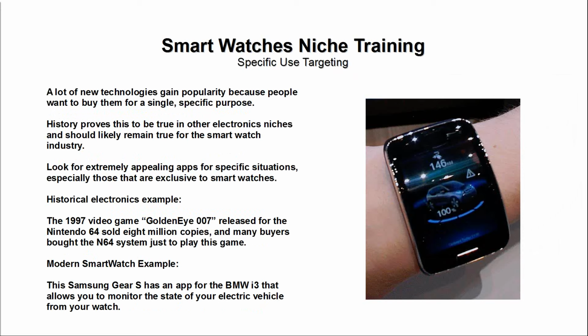So the N64 comes around, and a lot of people actually went out and bought the Nintendo 64 system exclusively for one single reason, and that was to play GoldenEye 007.